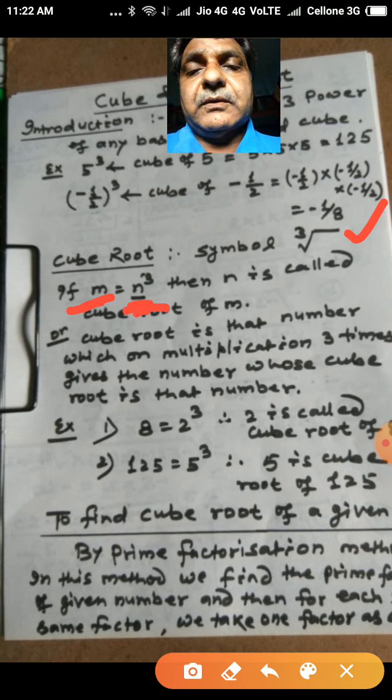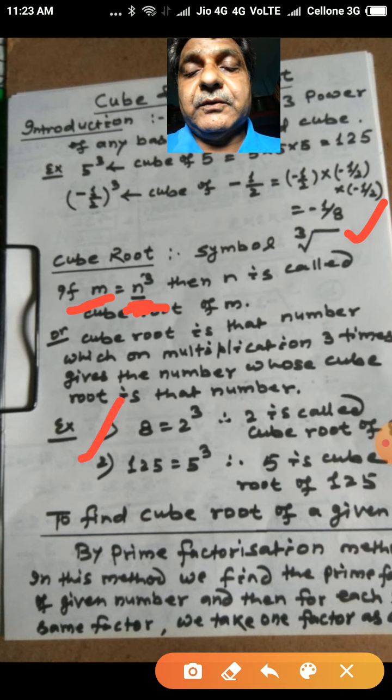Cube root can be defined as: when a given number is written in the form of the cube of some number, then that number whose cube it has been written as is said to be the cube root of the given number. Taking m equal to n cube, we can clarify that n will be called the cube root of m. So examples are here.